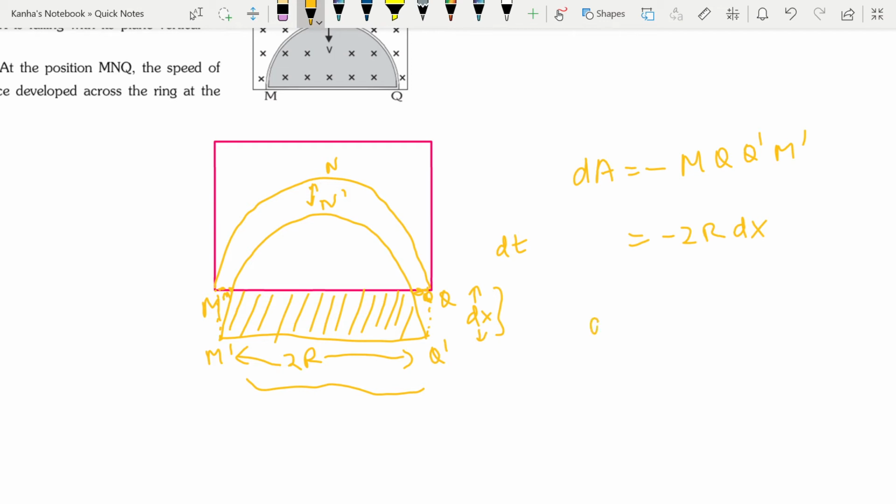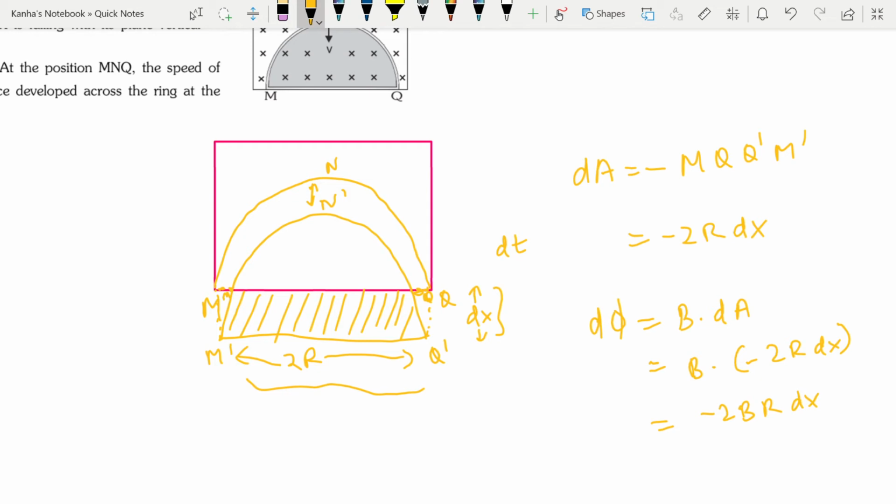What is the change in magnetic flux? d phi is equal to B dot dA, and this is nothing but B dot minus 2R dx, which is equal to minus 2BR dx.